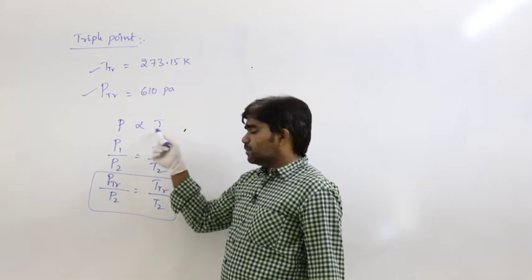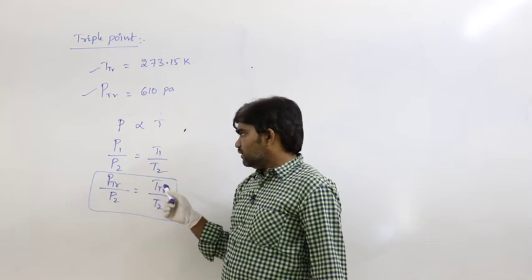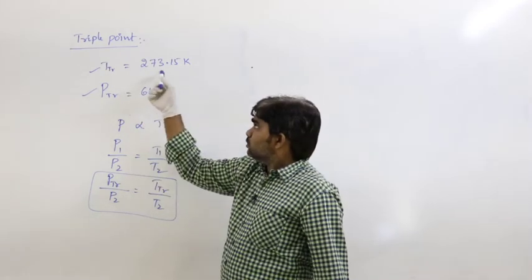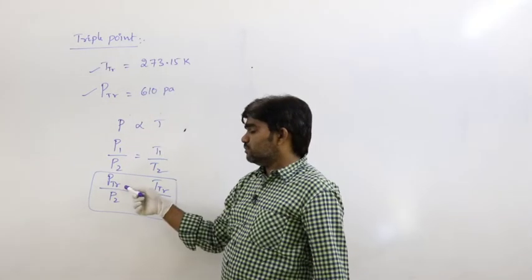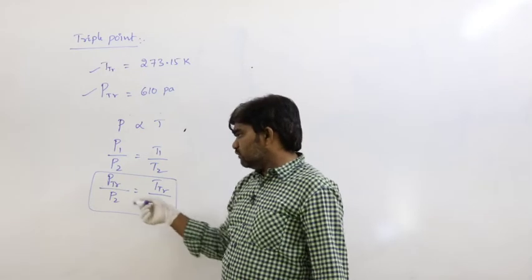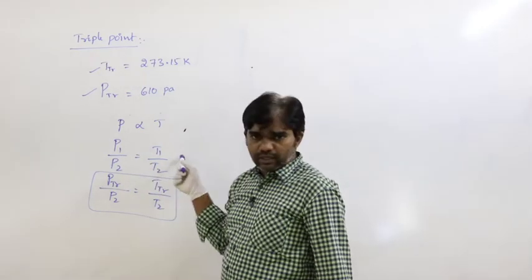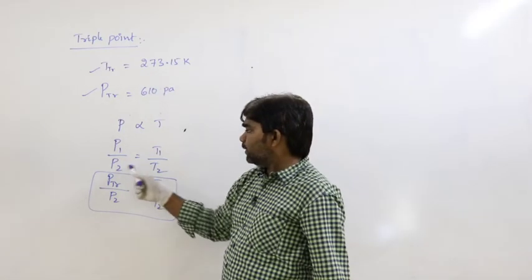Pressure is directly proportional to temperature. So one pressure is P1 and T1: 273.15, the temperature at the triple point, and the pressure at the triple point, 610 pascals. We know these two, and we have to find these two, P2 and T2.